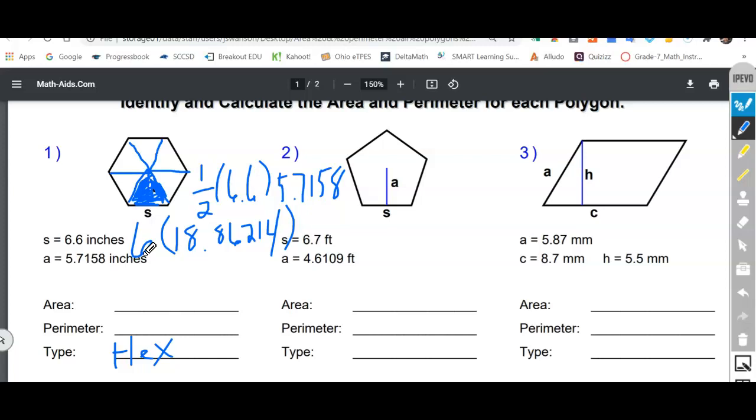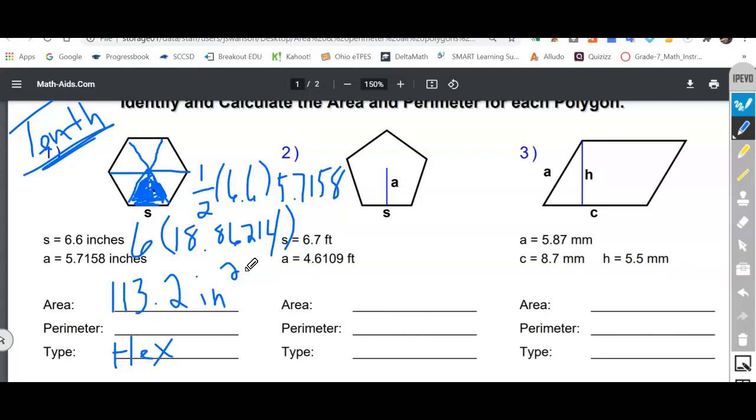So what does that give me? 113.17, so we will just round it to 113.2. We're going to round all of our final answers to the nearest 10th. So write that down on your paper. Round your final answers to the nearest 10th. And that would be square inches, right? Is that correct, everybody? Is that the right area? Is that what you got?